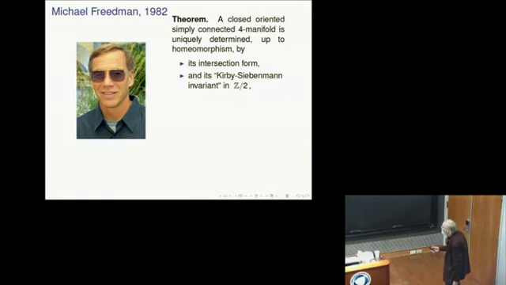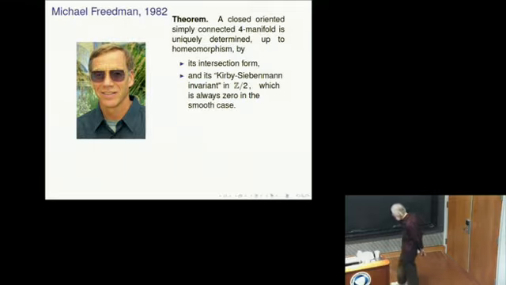The Kirby-Siebenmann invariant is an obstruction to smoothness, so for a smooth manifold, you don't need it. It's always 0. So a smooth simply connected four-manifold is completely determined up to homeomorphism by its intersection form or by its homotopy type.